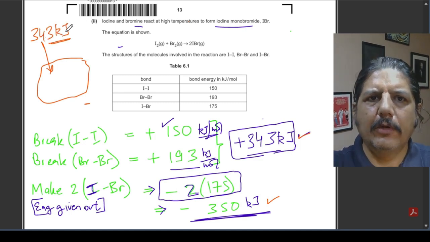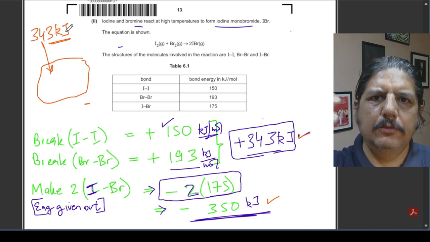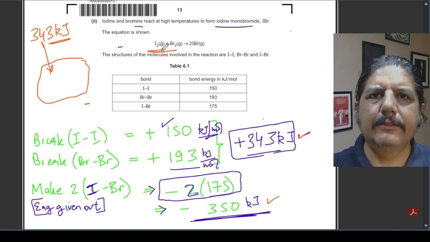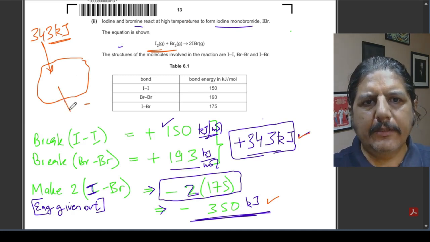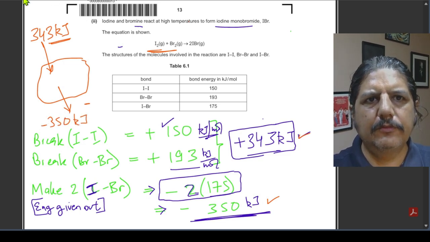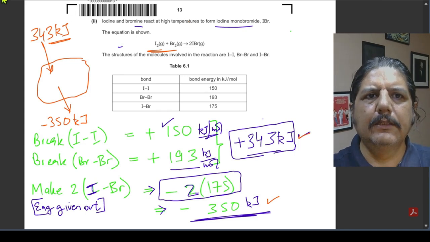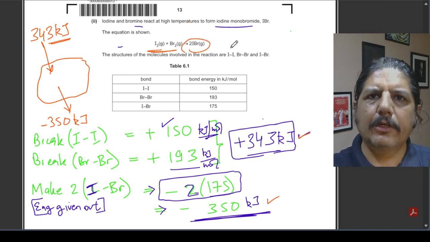This energy would be required to break the bonds of the reactant side. You will first break the bonds. Then when the bonds are made, then 350 kilojoule is the amount of energy which the system would release when the products are formed.